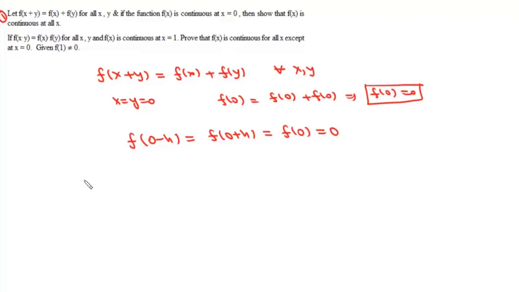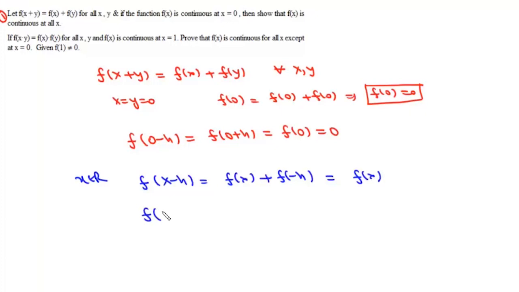Now if we take any x belongs to R, then the left hand limit at any x will be f(x - h). Now it is given that f(x + y) is f(x) + f(y). So we can write this as f(x) + f(-h). Now f(-h) is f(0), which is 0. So it will be equal to f(x).